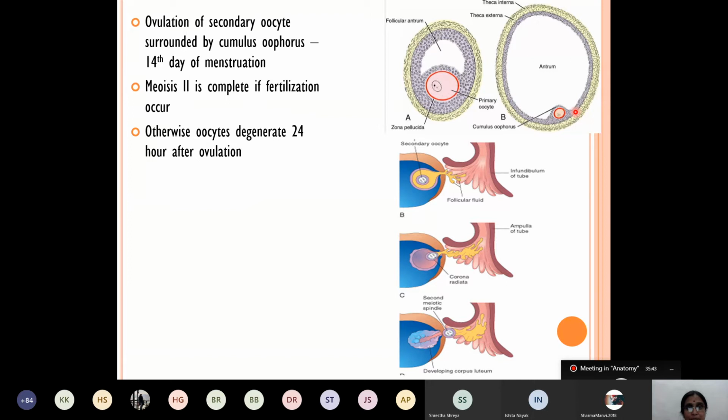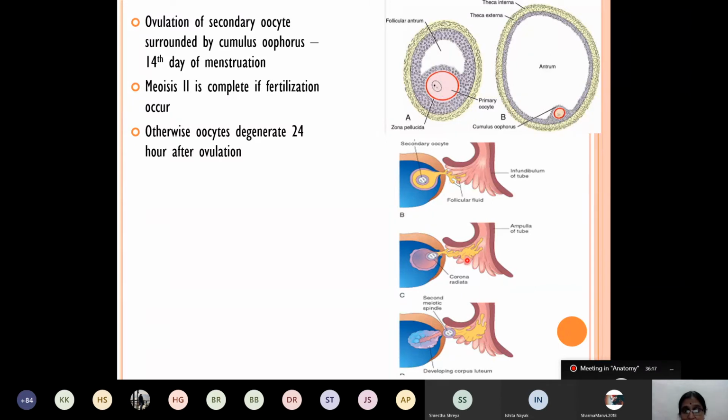Okay, so then this Graafian follicle, by the surge of the luteinizing hormone during the 14th day of the menstrual cycle, undergoes ovulation, and this secondary oocyte covered by a small amount of granulosa cells known as the cumulus oophorus gets expelled into the peritoneal cavity, and after expelling into the peritoneal cavity, this secondary oocyte covered by cumulus oophorus gets grabbed by the infundibulum of the fallopian tube.